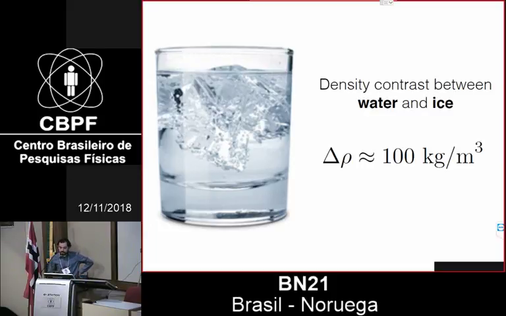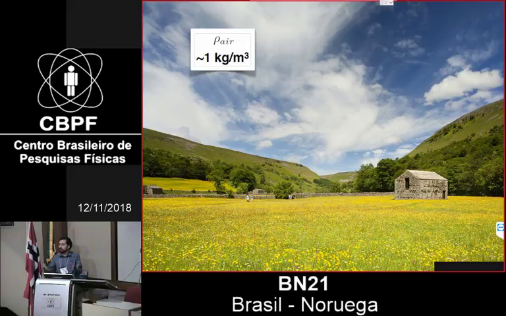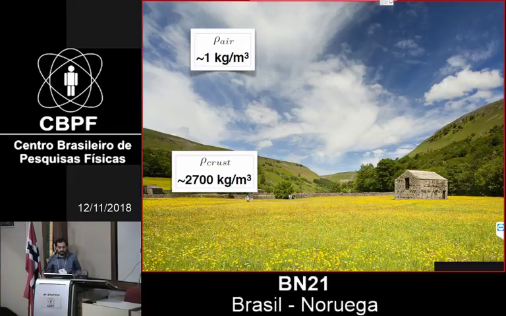But when we come to the surface, we have a huge difference in density: from the air, almost no density, to the crust with 2,700 kilograms per cubic meter. Additionally, the denser material is below the less dense layer, so this interface is very stable.